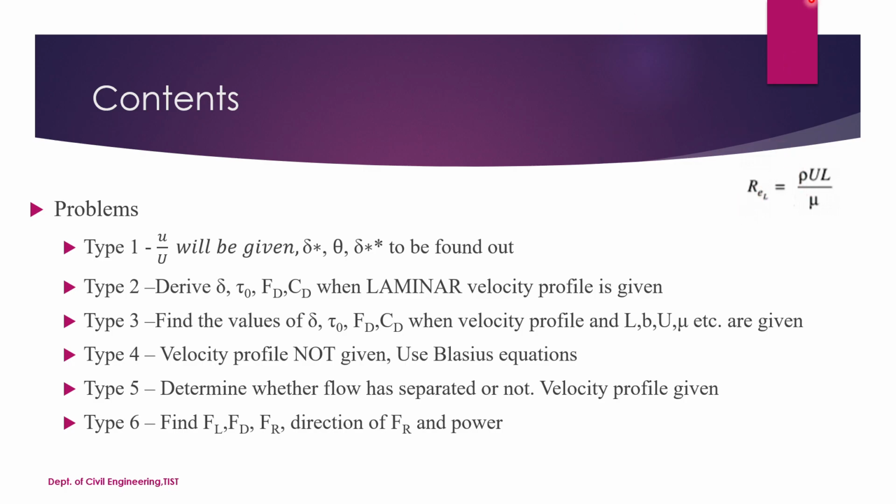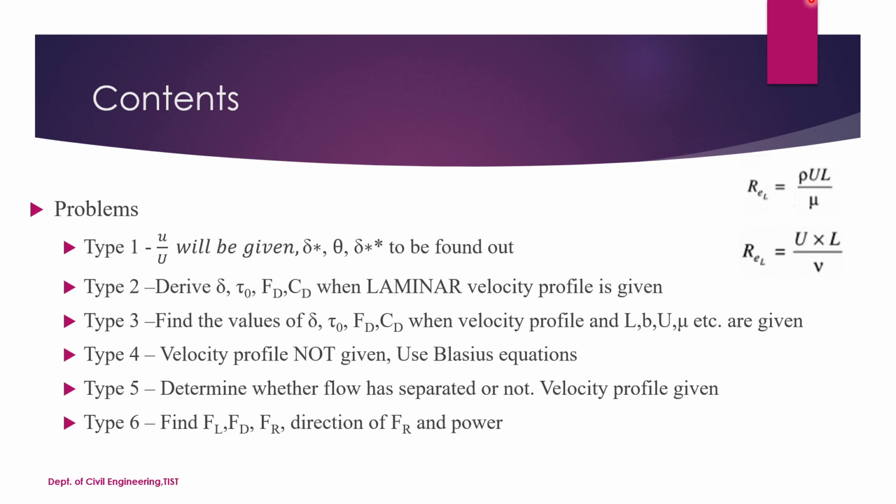If you are considering a section in between, then you can express the Reynolds number as REX. In some equations you will be finding REX, and in some equations you will be finding the term REL. What is the difference? REX is at a particular section, which is at a distance small x from the leading edge if you consider a thin flat plate, and REL means it is at the end, for the total length.